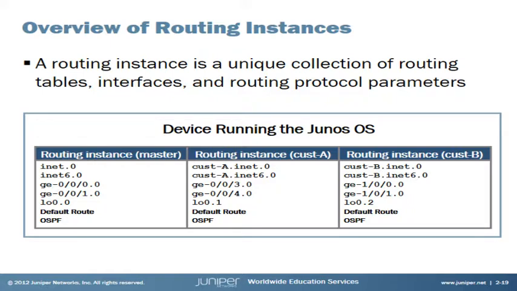Carriers can have multiple customers which may have different routing requirements. So you may be providing specific routing services to a customer, and you may need to create a routing instance so that their traffic gets routed differently to other traffic. So you may create a routing instance for that purpose.